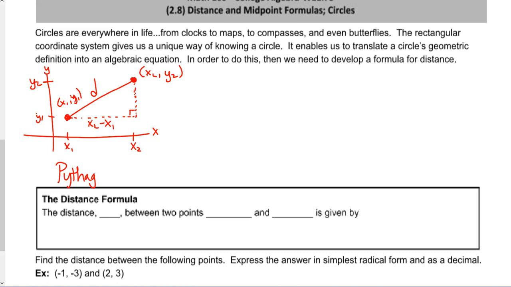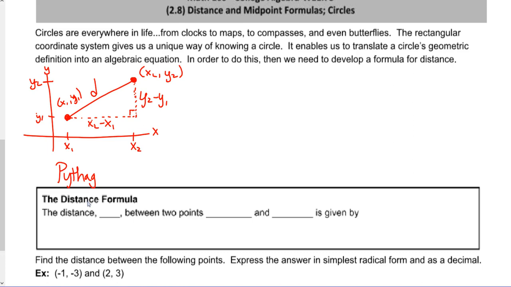Anytime we find distance, go way back to the distance on the number line: we took a minus b in absolute value, or b minus a in absolute value. Likewise, for this other distance, I find the difference between those two. Therefore, I'm going to represent that by y2 minus y1 because y2 is bigger. That would give me a positive value.